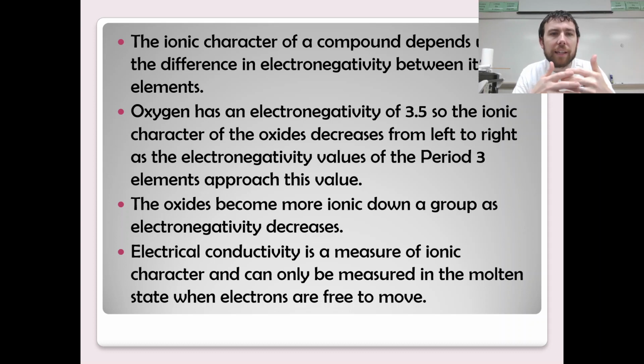And so what we're saying here is if we were comparing the period 3 elements, we would say that sodium would have the greatest ionic character because of the difference in those electronegativities, its electrical conductivity should be greatest, right? If you're moving within the same group, the rubidium oxide would probably have the greater ionic character because of the differences in electronegativity there. So electrical conductivity is just another way to measure the ionic character of a bond.